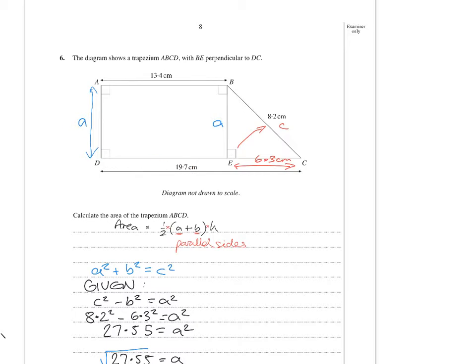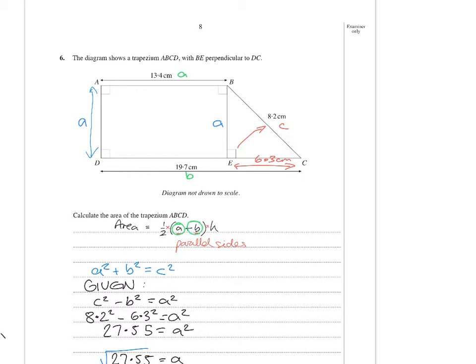I'm just realising how mean they've been with this, that they're confusing your a squared plus b squared equals c squared, and then you've got a's and b's here. So this a here and this c here has got nothing to do with the next one, so I'm going to do this in a different colour. My parallel sides I've already identified are this one here and this one here. Okay, so this is the a and the b that I'm dealing with here and here.